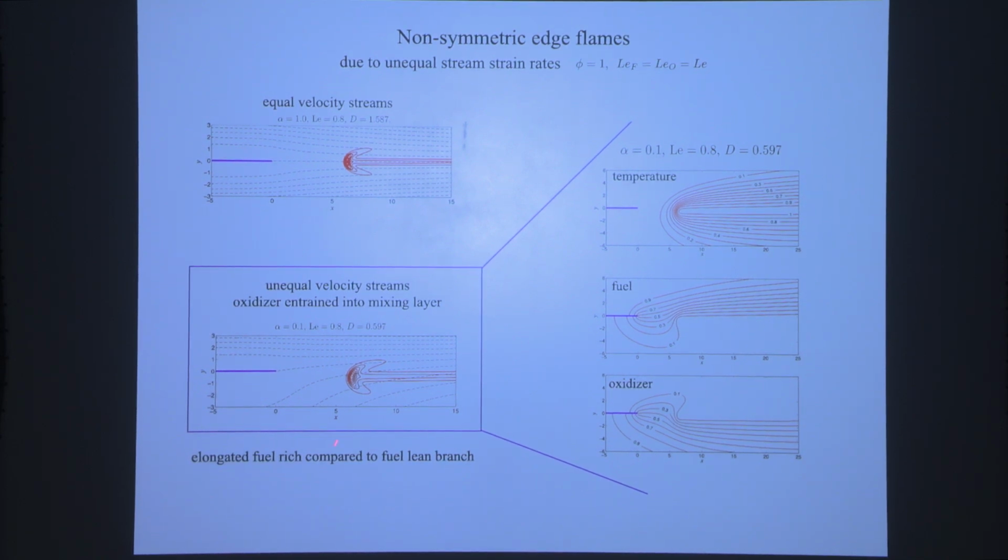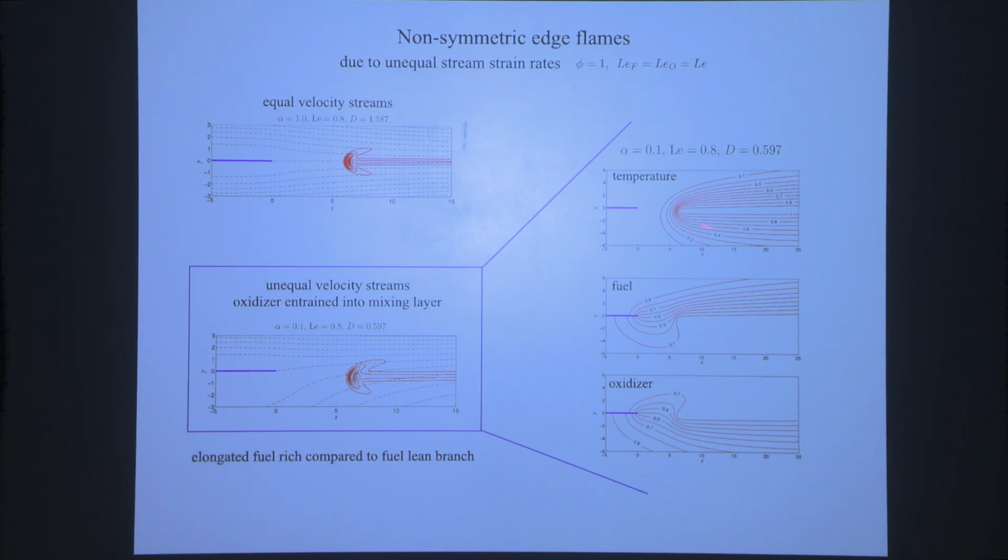And so you see that the edge is situated a little off the symmetric line. Also it's interesting to note that the fuel-rich end is a little longer than the fuel-lean. So the lack of symmetry is seen in various ways in the field.